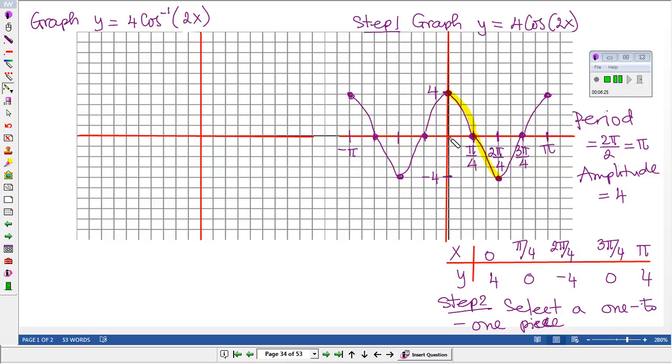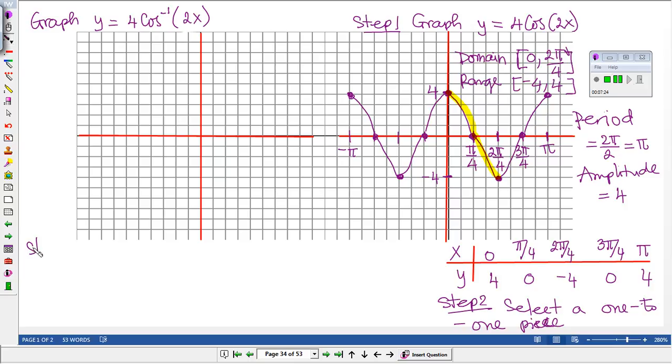So the domain for this piece goes from 0 to 2 pi over 4. And the range goes from negative 4 to positive 4.